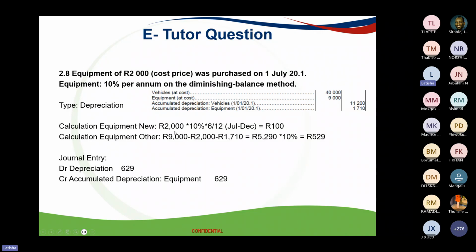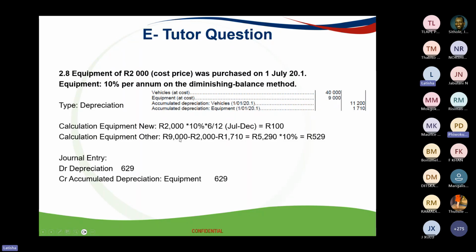Actually, in reality, for this one we could just take the 9,000. However, the period is still different, so we would still have to do two calculations. It would just look different. This one would stay the same as is for the new equipment. For the rest of the equipment, you would just have 9,000 times 10%.